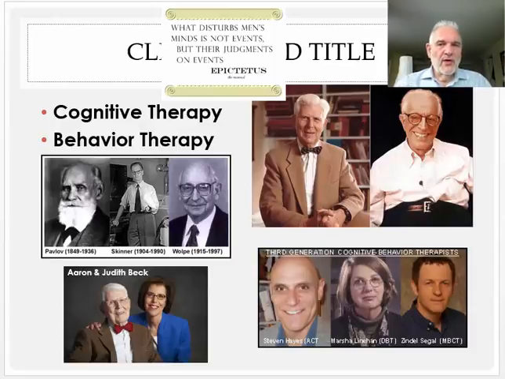She's kind of sold me on some of the efficacy of CBT, although I've never been a great fan of that alone. And then we have some other third-generation cognitive therapists, such as Hayes. Linehan has worked a lot with DBT and borderline personality disorder, and then Siegel. So we'll spend a significant time looking at cognitive behavior therapy.